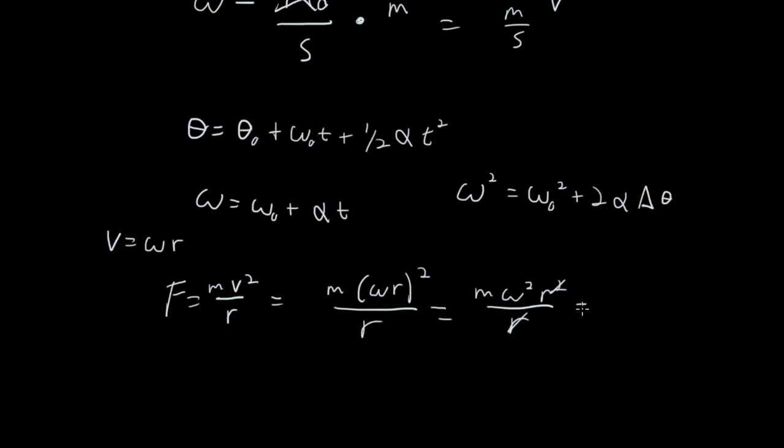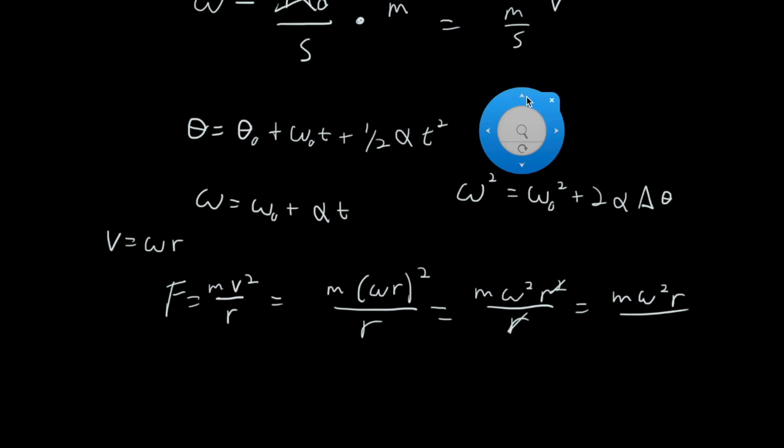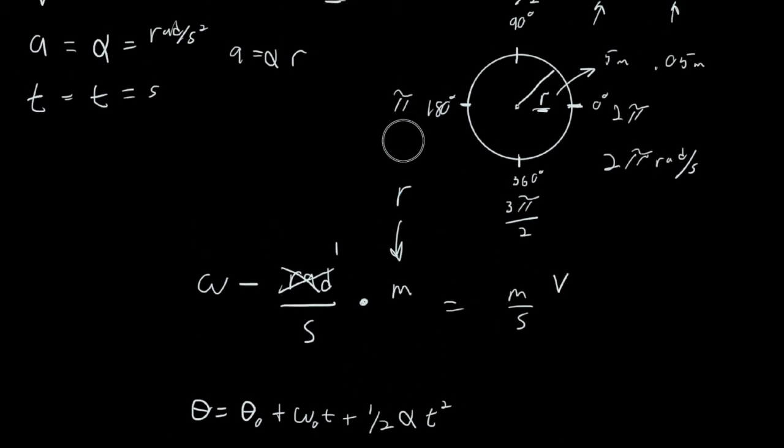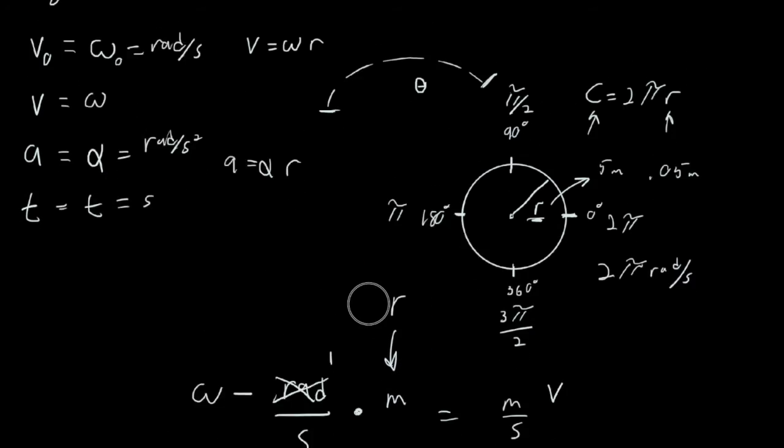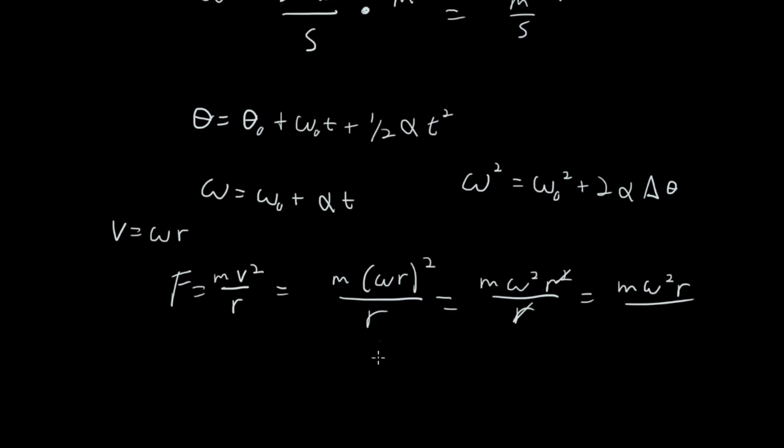R cancels out the square, and we get m omega squared times r. That'll come in handy too, because we'll be able to calculate things with centripetal force and centripetal motion while we're still in radians. We don't actually have to move back to our linear kinematics before we do that. So we've got a centripetal version of this as well.